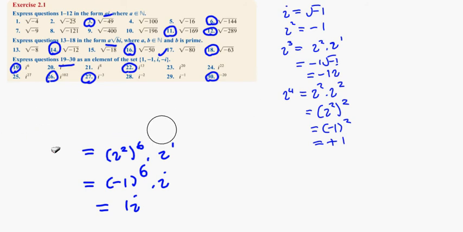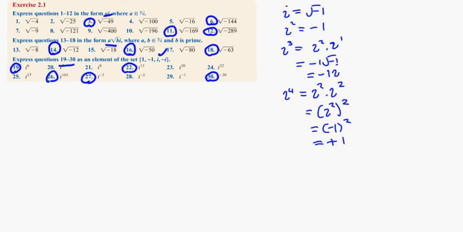Okay, next thing I'm going to do is question 26. i to the power of 102. So what I'm thinking I should do here is we'll divide 102 by 2.